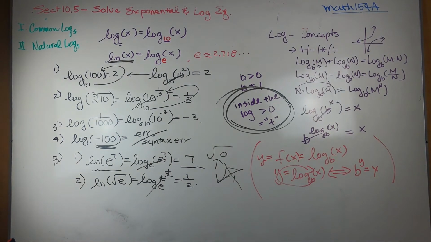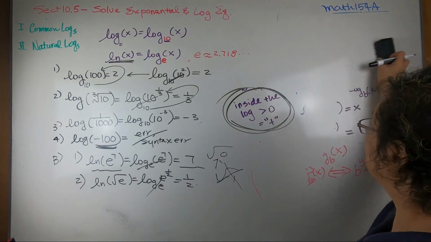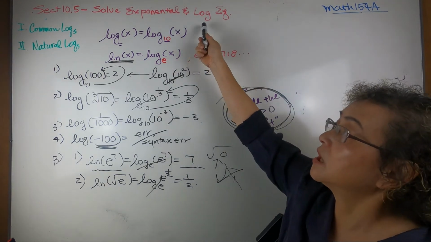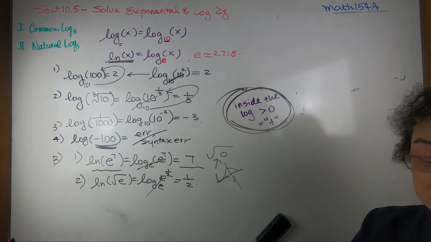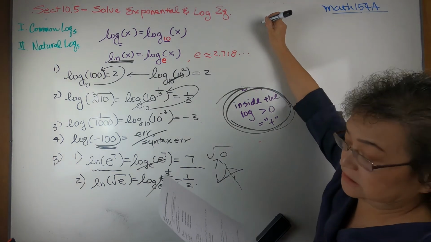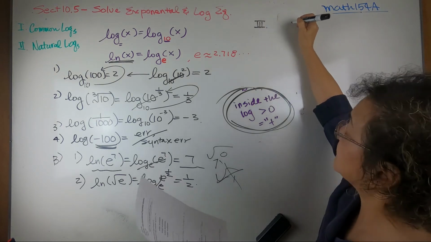All right, so then let's see. If we wanted to solve some equations, we are going to solve equations for both exponential and log equations. So let's do some log one first, right?